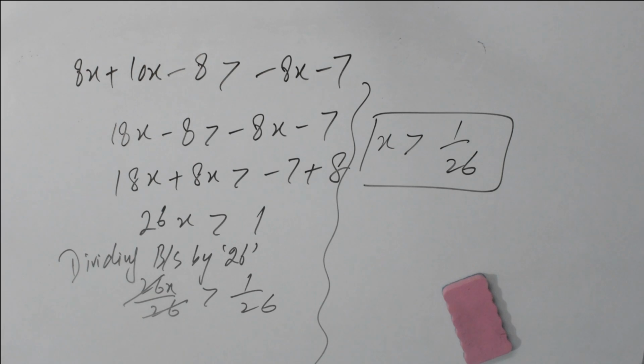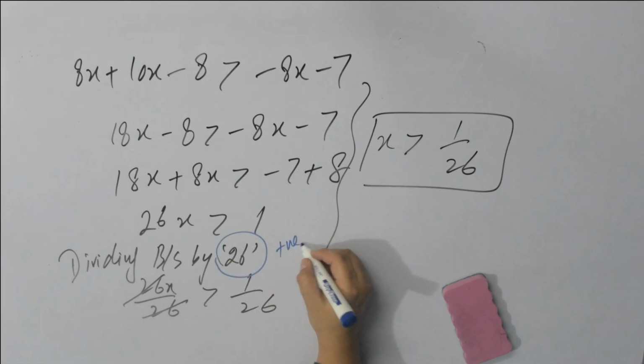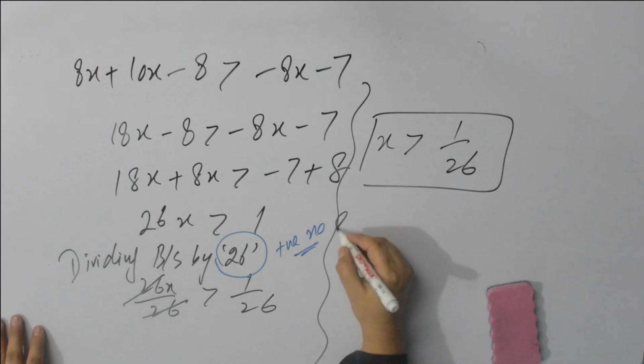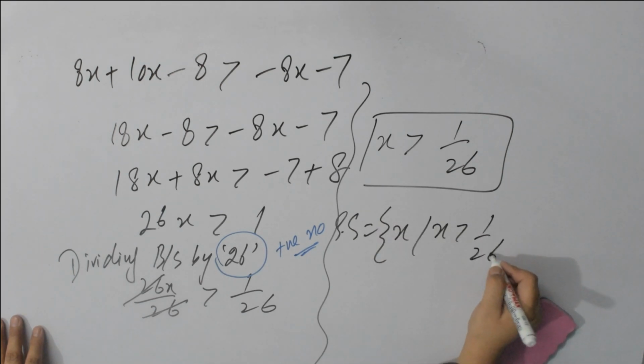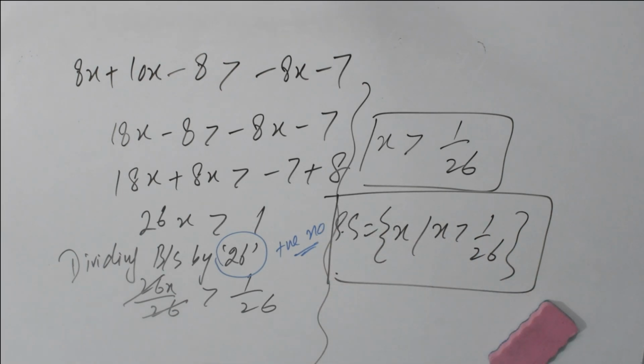Look students, here I have divided by a positive number. 26 is a positive number, that is why the inequality sign is not reversed. Okay, it's not changed. Our solution set, students, is x such that x is greater than 1 by 26. This is the solution set.